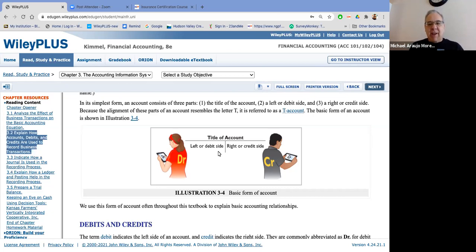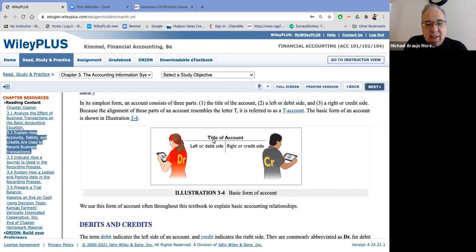The trick here is to understand that accounts work differently. So asset accounts, for example, and let's just pick on cash because that's a very important and active account. Cash is the title of an account. Now, to show we have more cash, we would put those figures on the left side, the debit side.